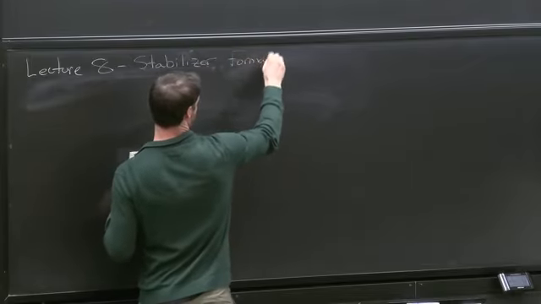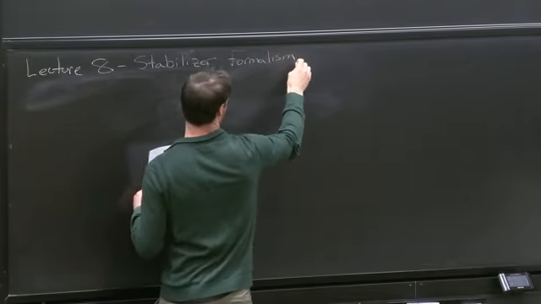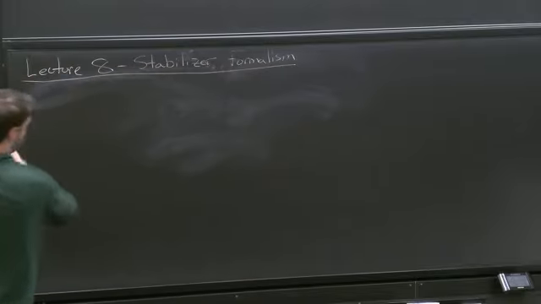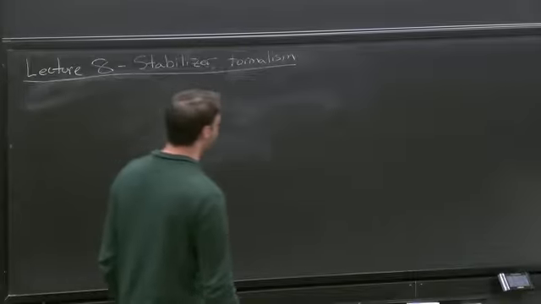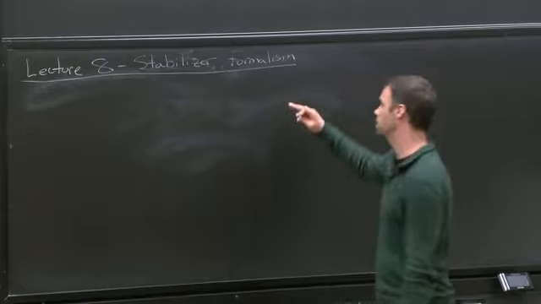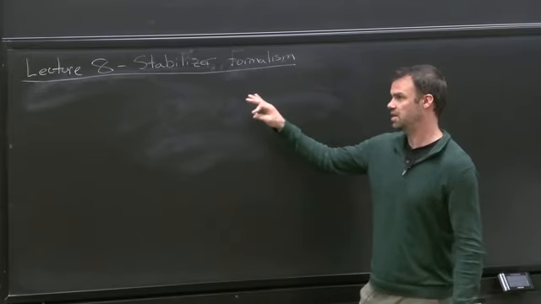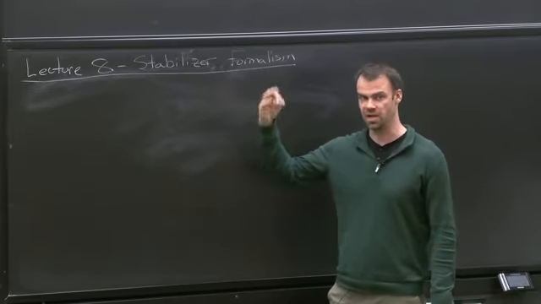Which is about something called the stabilizer formalism. So we're going to take a little bit of a diversion from quantum error correction. We're doing this now because the stabilizer formalism that I'm going to describe is a key tool in the design of error correcting codes.